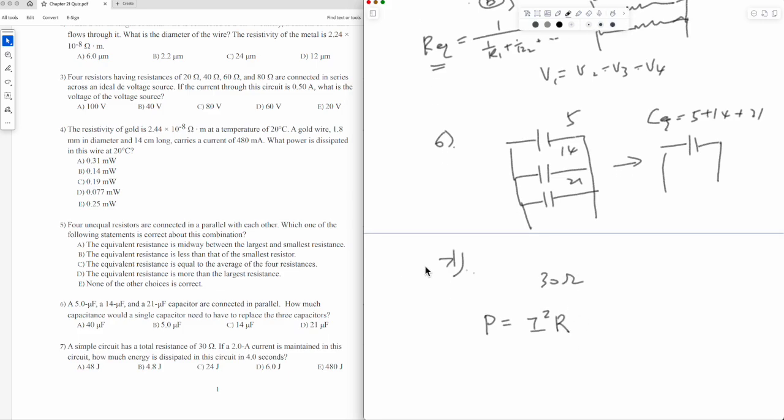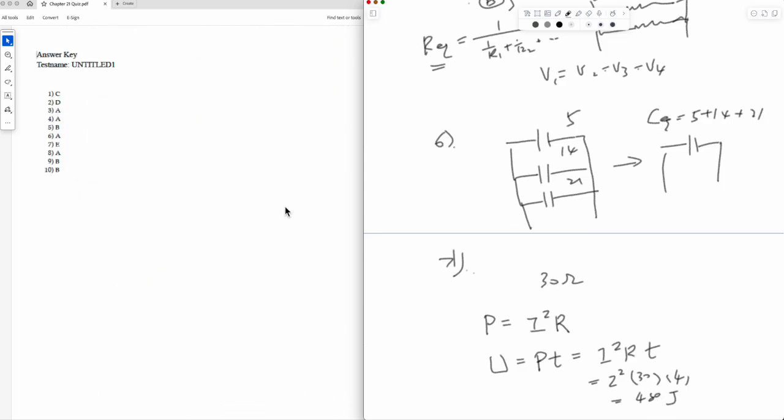And energy dissipated equals power times time. So putting it all together, that will be 2 squared, times 30, and time is 4 seconds. So 4 times 30 is 120, times 4 is 480. The unit here is joule.